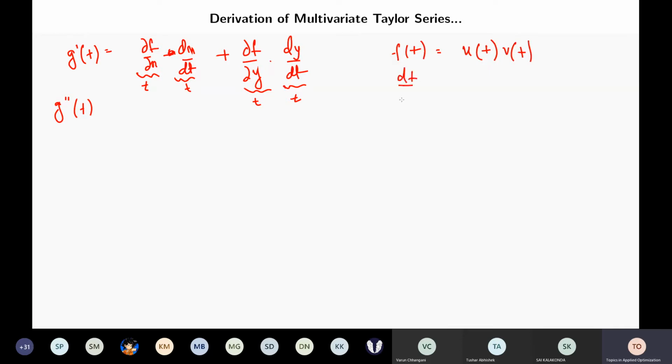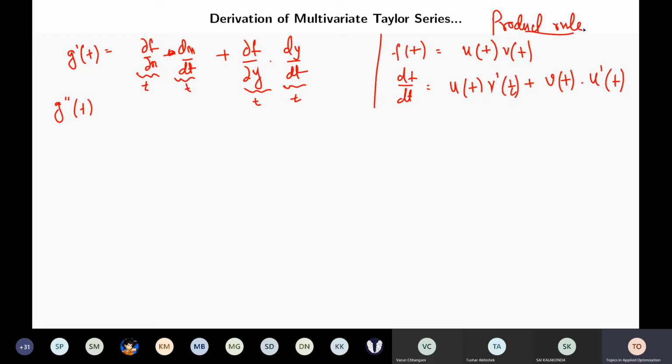So df by dt is the first function into differentiation of the second plus the second function into differentiation of the first. Differentiation is obviously with respect to t because all are variables of t. So this is the product rule of calculus. I did not do revision of these things because I will do it along the way.